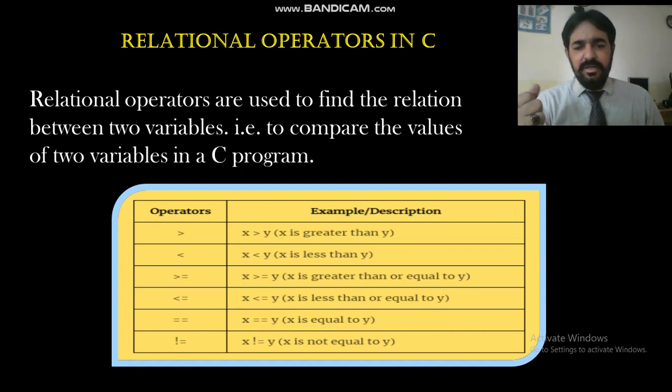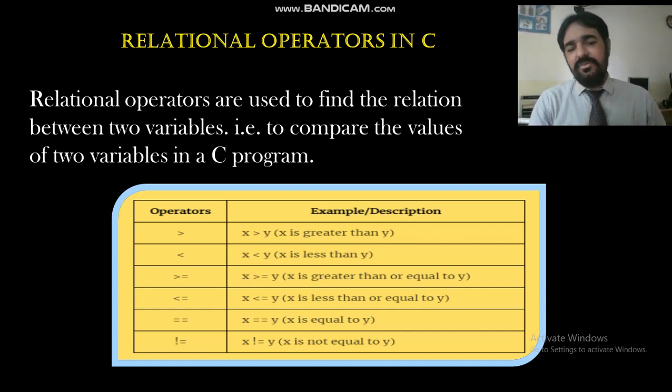Greater than or equals to: greater than sign, then equal sign, x greater than or equals to y, x is greater than or equals to y. Less than or equals to, x is less than or equals to y. Like that we pronounce and we say.